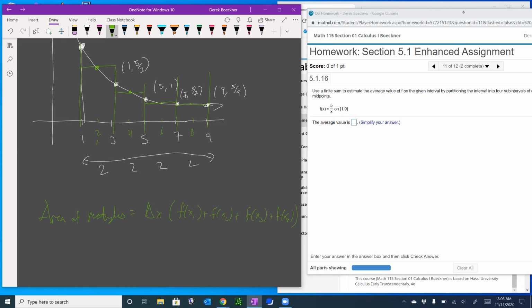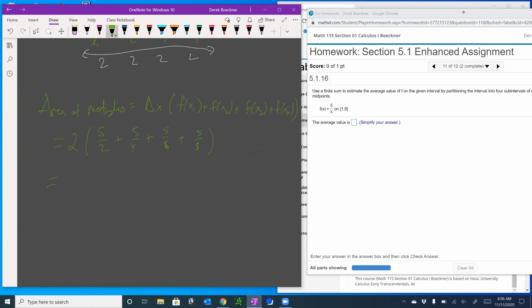But this is x1, x2, x3, x4. That's where I'm evaluating my points. So this is going to be 2 times, well, 5 over 2 plus 5 over 4 plus 5 over 6 plus 5 over 8. So far, so good. Okay.